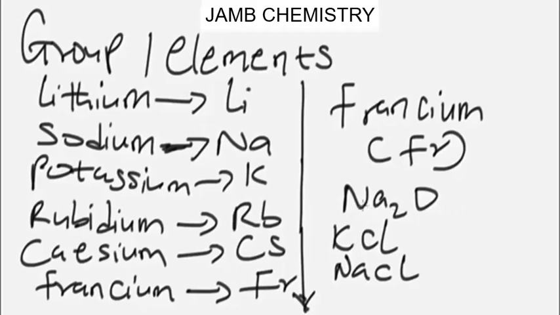Now note again that group 1 elements are very reactive because they have 1 electron in the atomic shell. Let me show you what I mean by that. Let's draw the atomic structure of lithium.